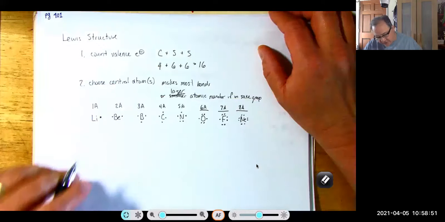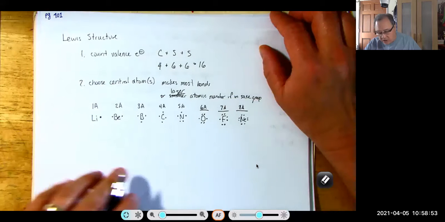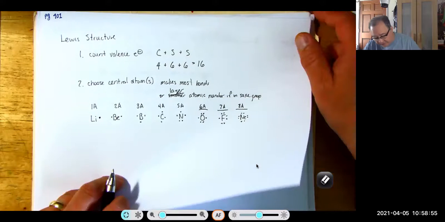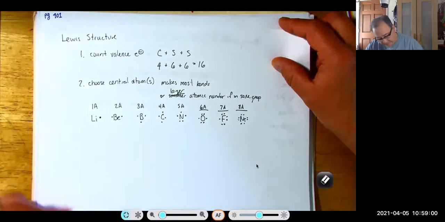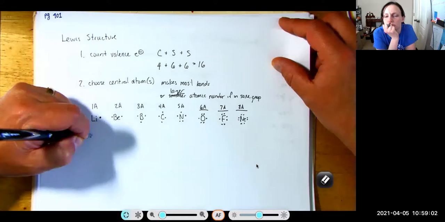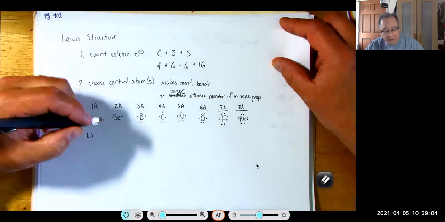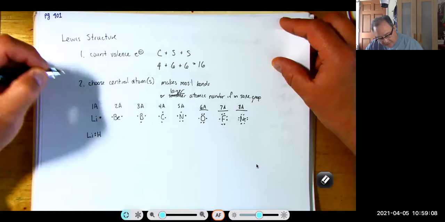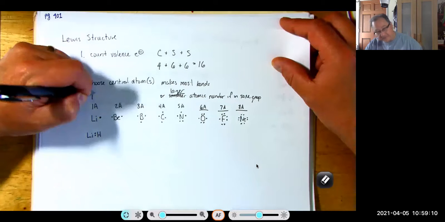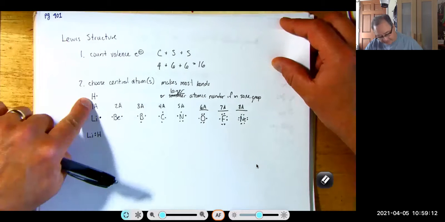And these following are all known compounds of these with hydrogen. These are all known compounds with hydrogen. And here's hydrogen up above.